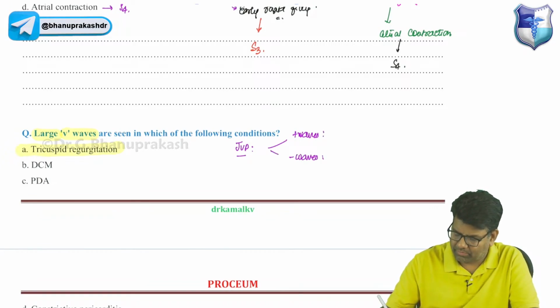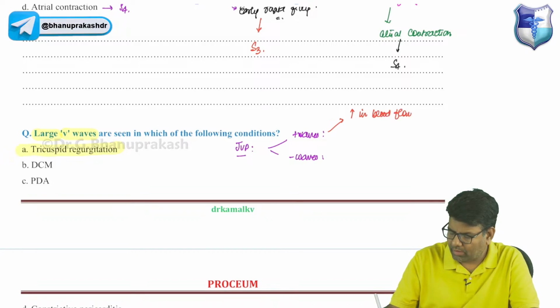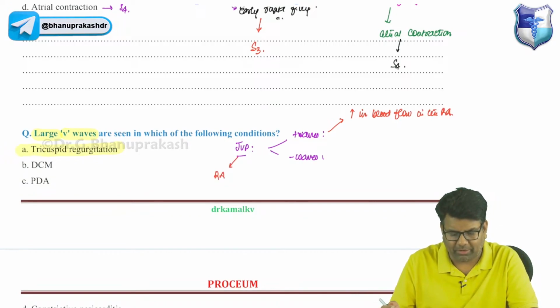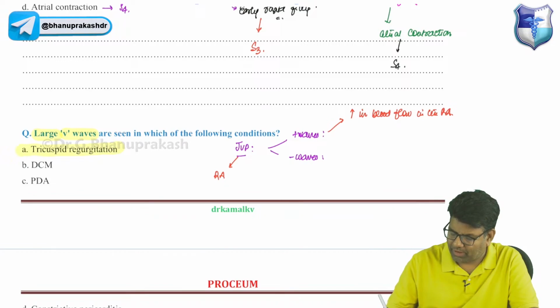Positive waves are seen if there is increase in blood flow in the right atrium. JVP is actually reflecting pressure changes of the right atrium, right?